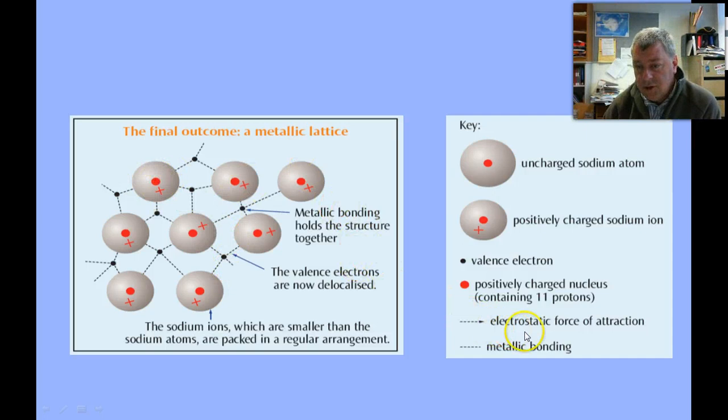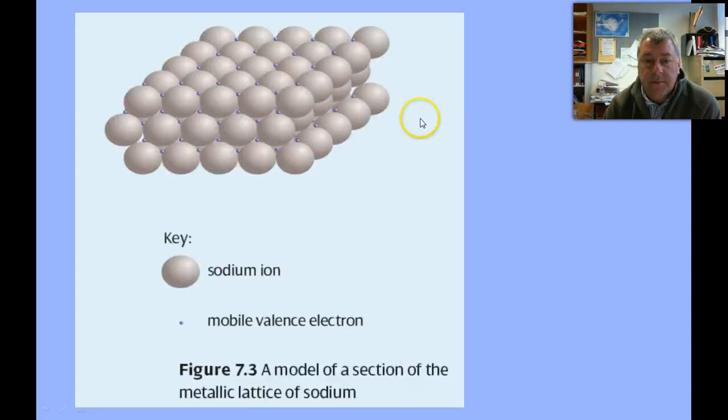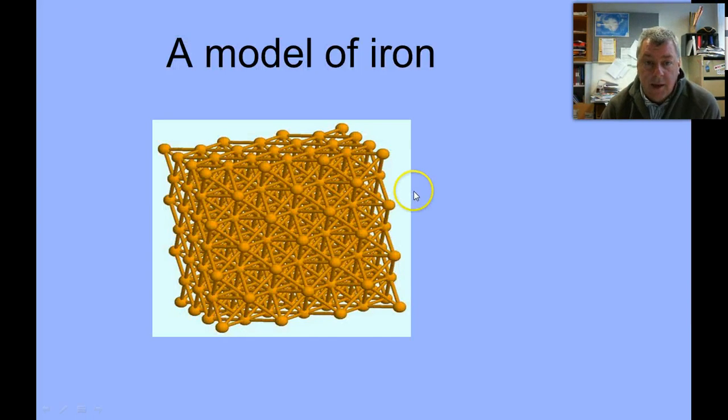Okay, so electrostatic force of attraction, metallic bond. Here's another one just showing you the ordered arrangement of the cations, and again these little blue dots, the mobile valence electrons or delocalized electrons, are whizzing around inside it.